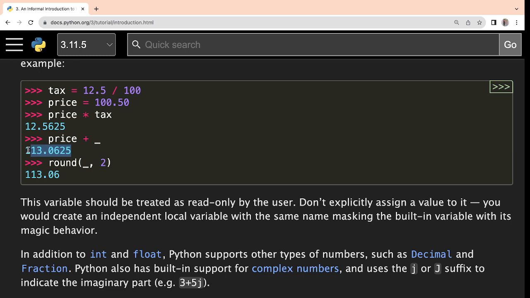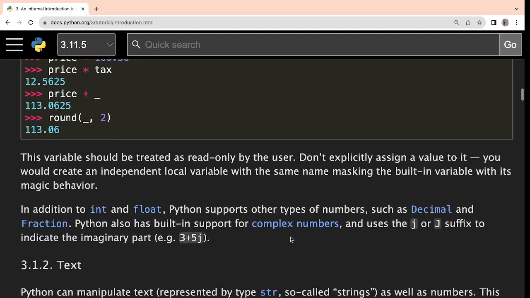This is the latest output, so this will be taken here in round, and that value is getting rounded. So the final output which you are getting is 113.06. So this is how, if you want to take the latest output in some variable and do some manipulation, you can use the default variable underscore. Otherwise, if you want to give some name by yourself, then you can store it in that.